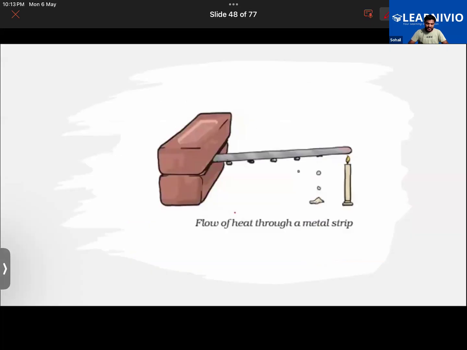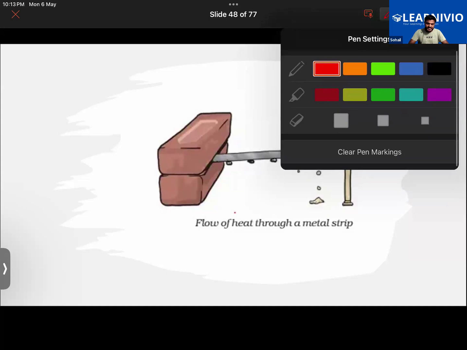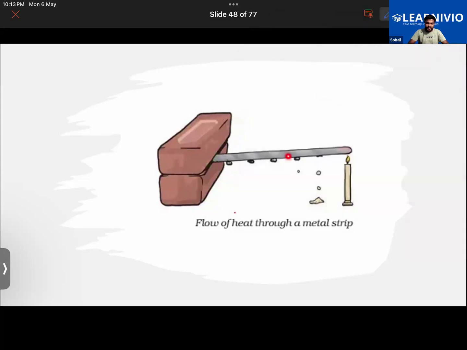So what was happening? The heat is transferred from the hotter end to the colder end. You can look at this image and observe one thing. It looks like something is sticking to this metal rod, and after some time you will observe that it starts to fall.